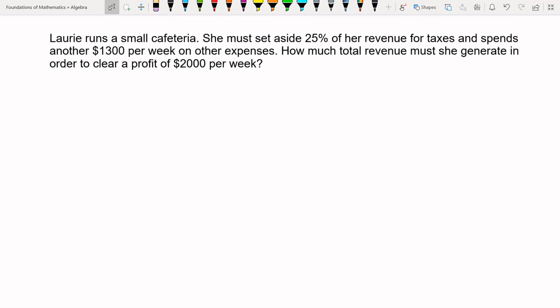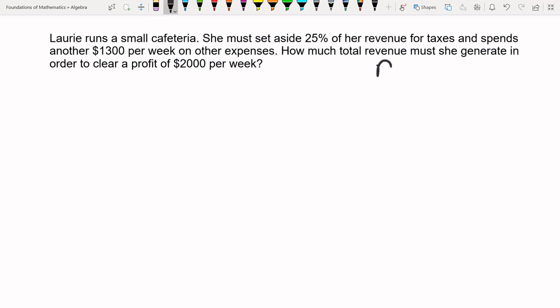What you can think of this as is if we take a total revenue amount, let's say R for revenue, and we take off the taxes and the expenses, then this thing should equal $2,000 left over, right? Because we're just taking the expenses off of the revenue to get the profit.